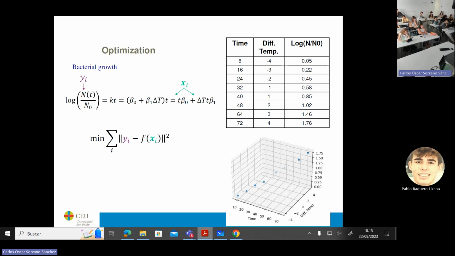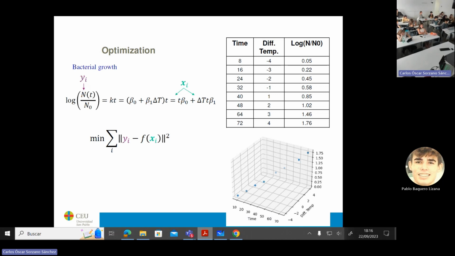And I have two different input variables. One is time, so how it grows over time, and how it depends on temperature. For the same time, you would have different temperatures also, with respect to some set level. So this is the delta temperature.